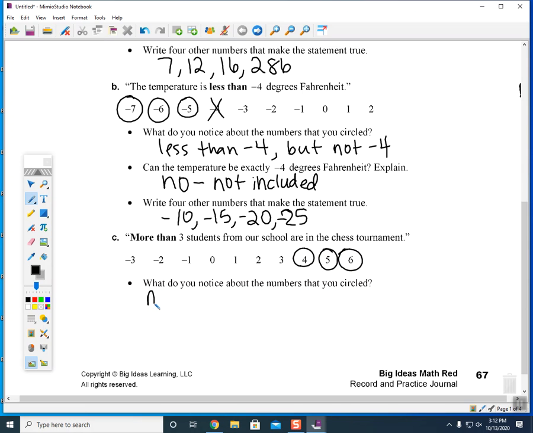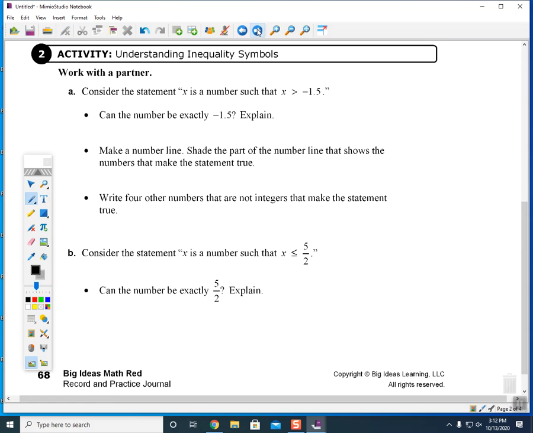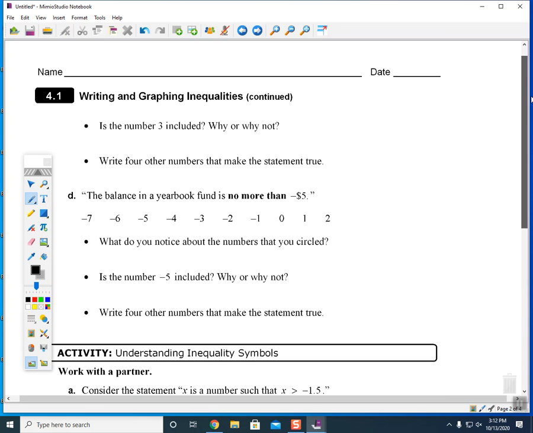So they're numbers greater than 3, but not 3. Right? Because is 3 greater than 3? Well, no, that's not a true statement. So that's not going to be in our solution.